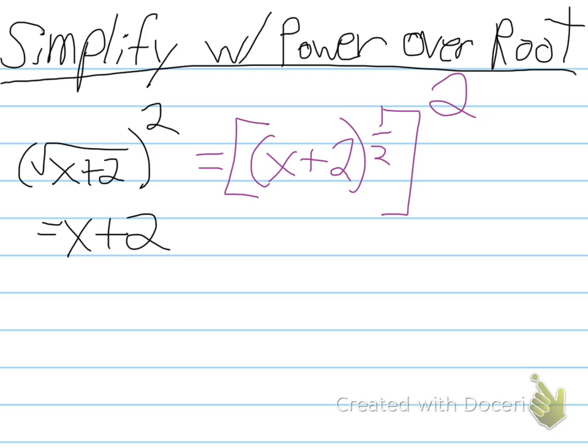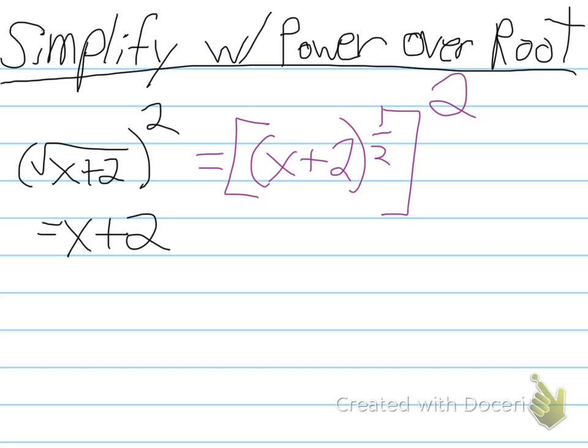If we multiply our two exponents right here, that gives us 1. So that's how a second power cancels out a square root.